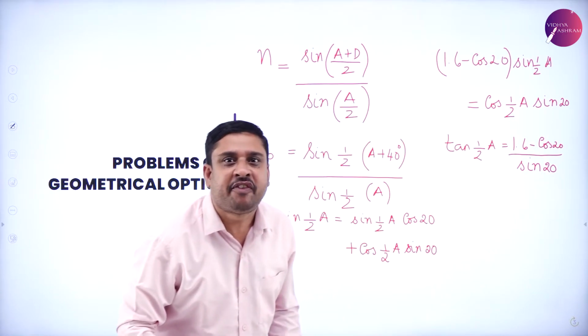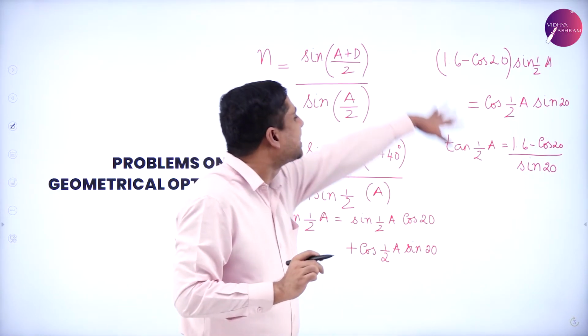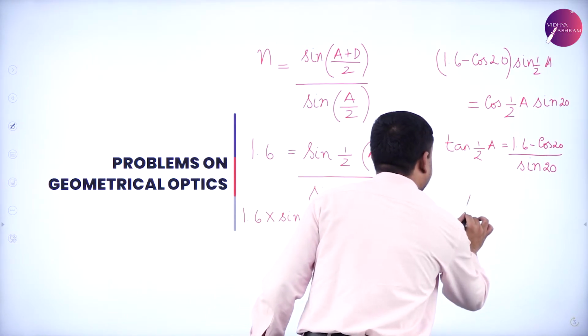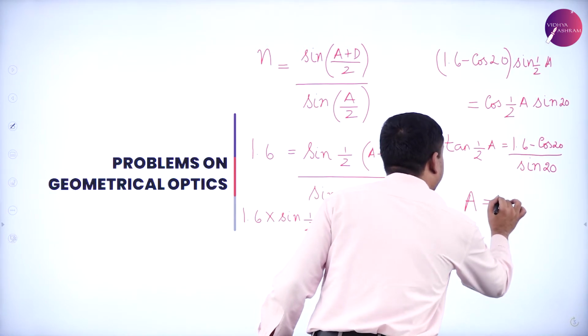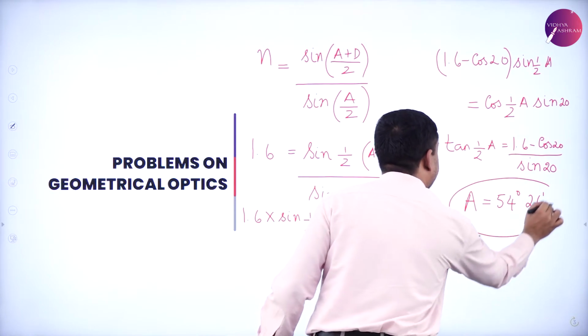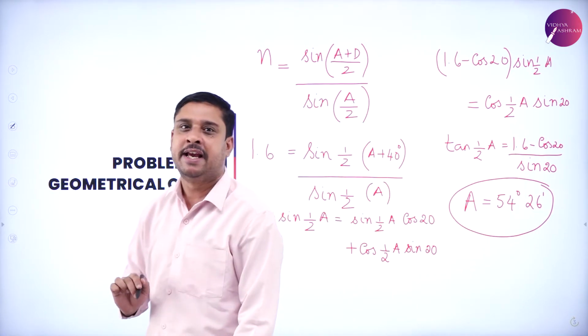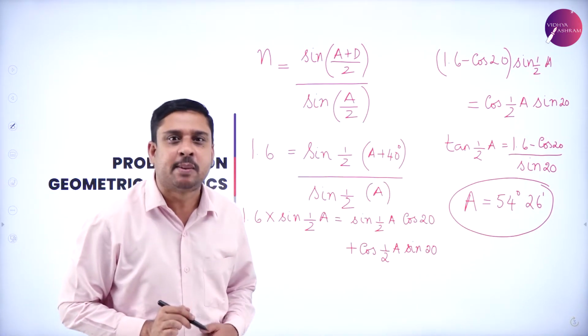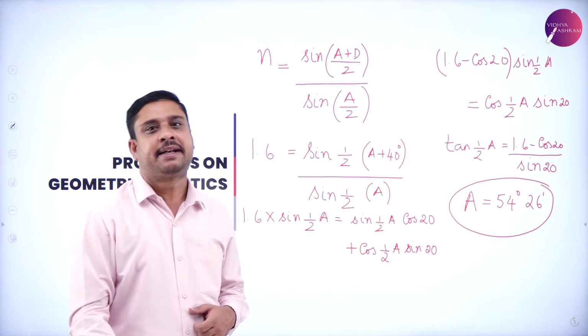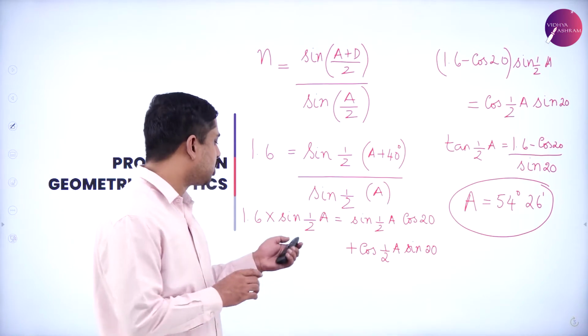So on simplification, A becomes tan inverse of that. So we get A is equal to 54 degrees 26 minutes. So very beautifully we have used the prism formula, simplified and arrived at A. The next one, students.